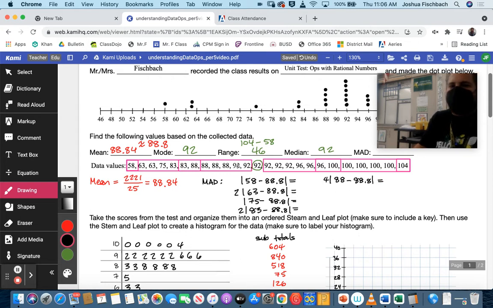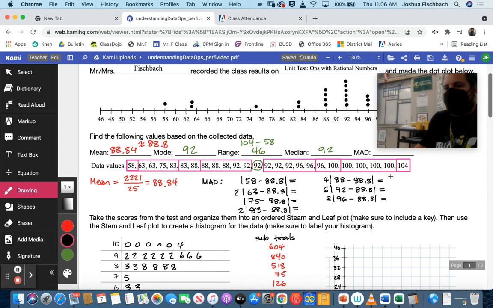And then you have 92 that happened 6 times. So you put the absolute value of 92 minus 88.8, and we're going to multiply that by 6 because it happened 6 times. Then we have the 96, which happened 3 times. So you do the absolute value of 96 minus 88.8, and we multiply that value by 3.